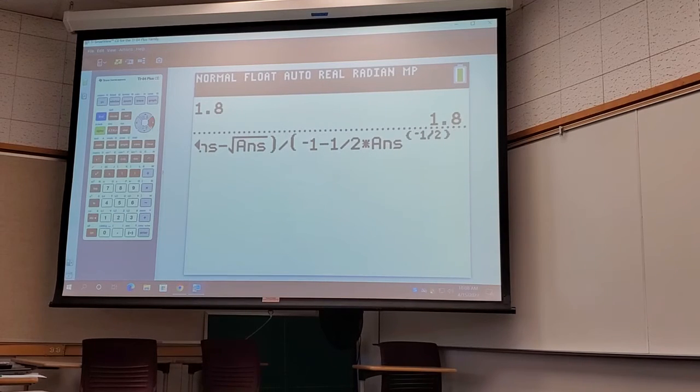Look at all those parentheses in there. -1 minus 1/2 times answer to the -1/2. Parentheses on the outside, so the calculator knows that's the bottom. We have eyeballs, it doesn't, so we have to help it.